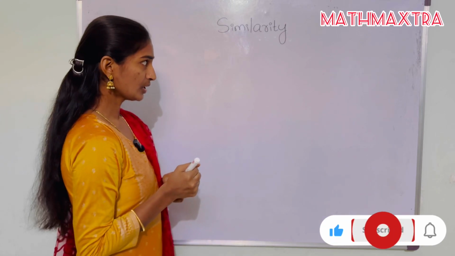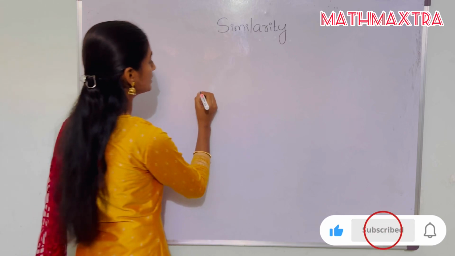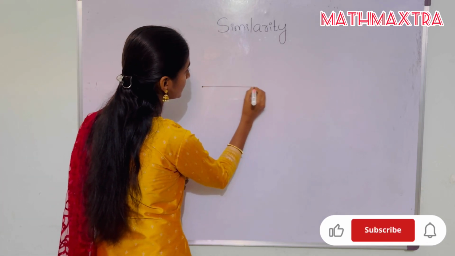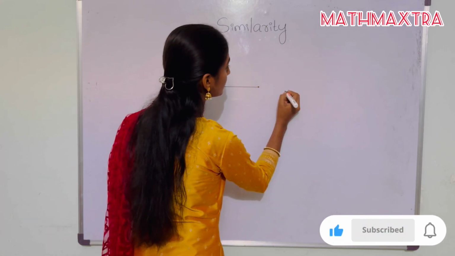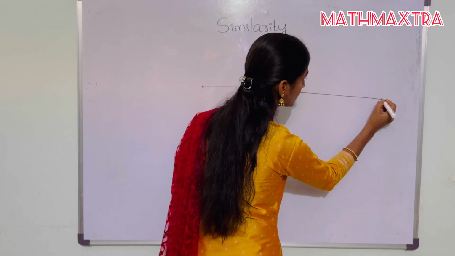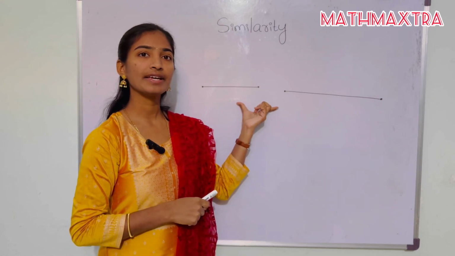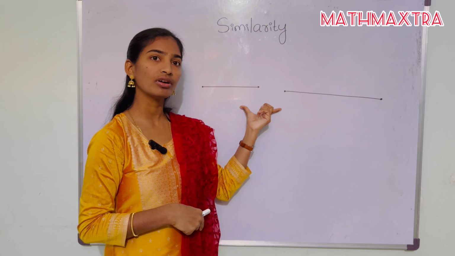You take any two figures. First of all, I am taking two line segments. This is one line segment. This is another line segment. Now tell me whether these two line segments are similar to each other or not.